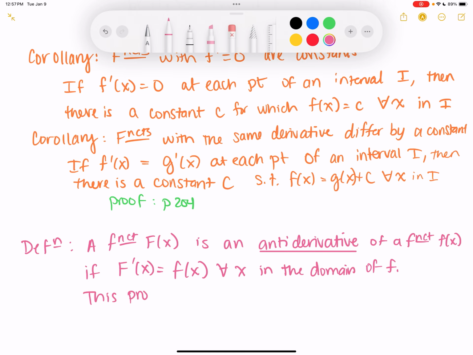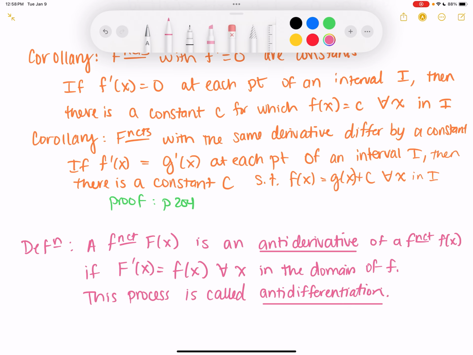This process is called anti-differentiation. So this is doing the opposite of taking the derivative. So I'll give you an example of what that looks like.